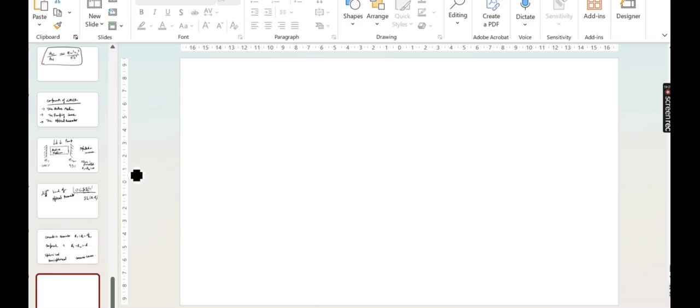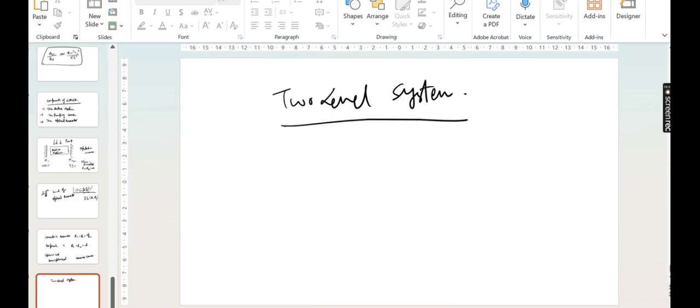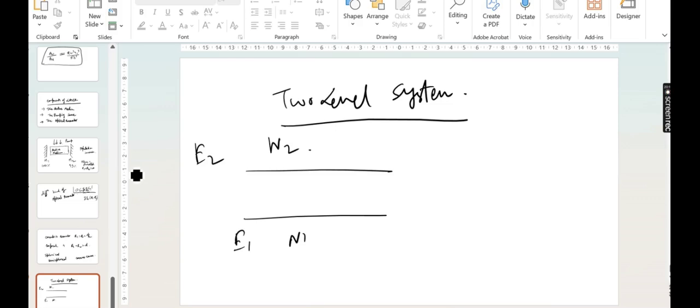So there is a two-level system. In the two-level system, this is E1, this is E2, and they have populations N1 and N2.